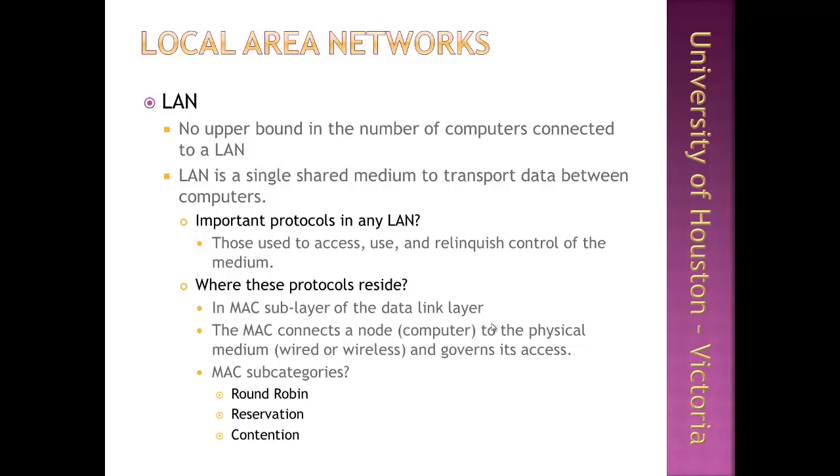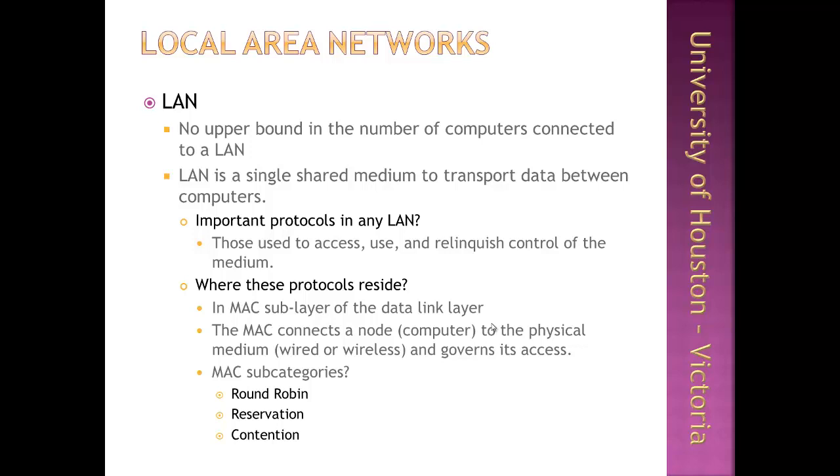It performs error correction and node addressing and regulates access to the physical medium using a variety of protocols. Logical link control, or LLC, is a higher sublayer and it performs error control, flow control, and also interfaces with the higher OSI layers. The task for this layer is also to perform addressing for the MAC layer.